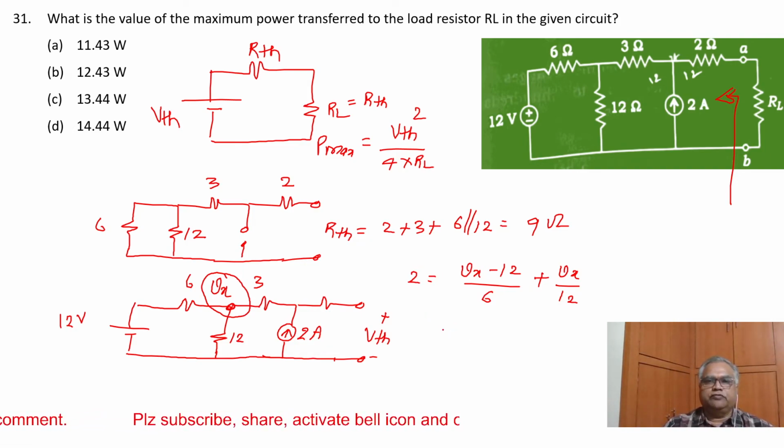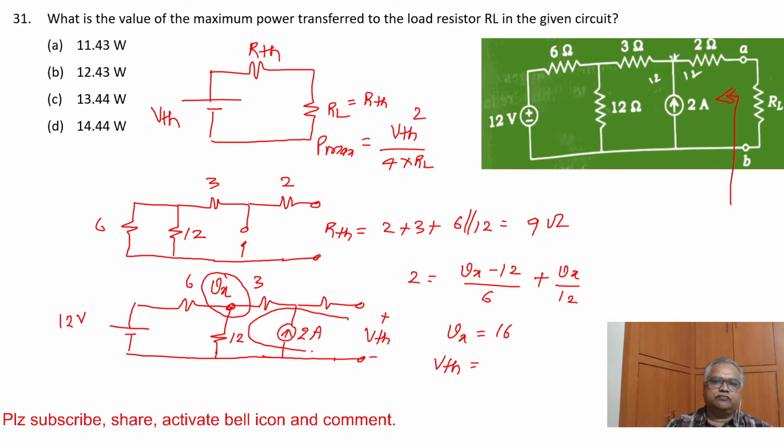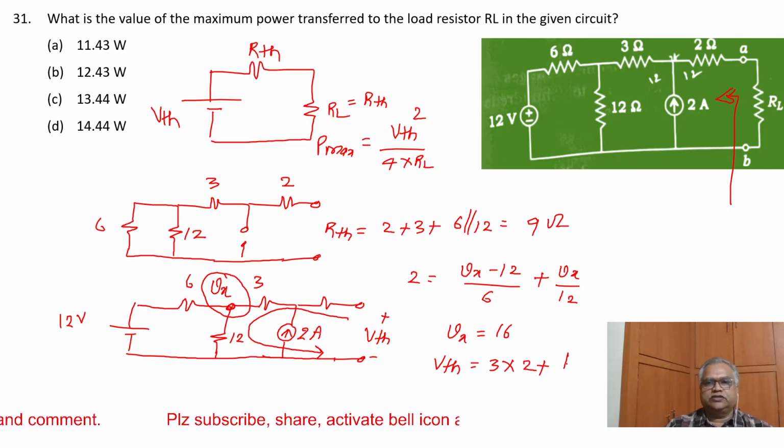So straight away I am giving the answer. Vx will be 16. But what we want is V Thevenin. Started from positive, go to negative. That is 3 into 2 plus Vx. Vx is 16. We get 22.